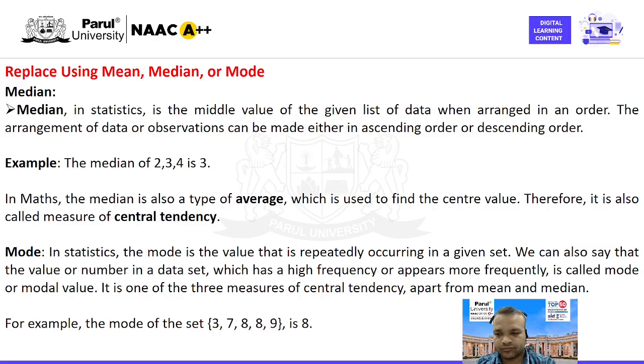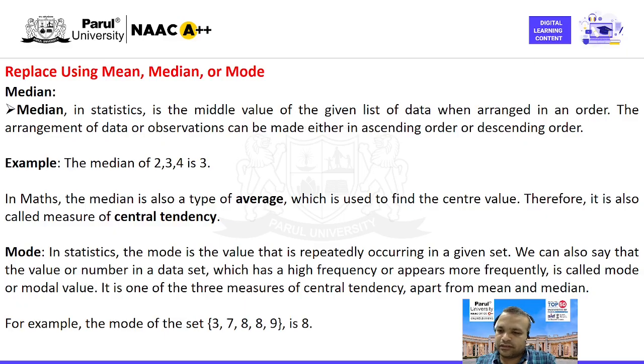Which one is the mode of this set? 3 will be the mode of this set, because it has the highest frequency, that means it appears more frequently. So that is called the mode of the particular set.